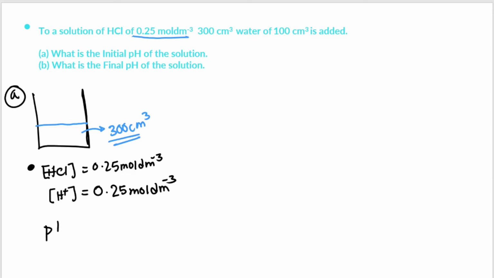And since hydrogen ion and HCl have a molar ratio of 1:1, we can write this very easily. Therefore, pH is equal to minus log of 0.25, which is equal to 0.602.